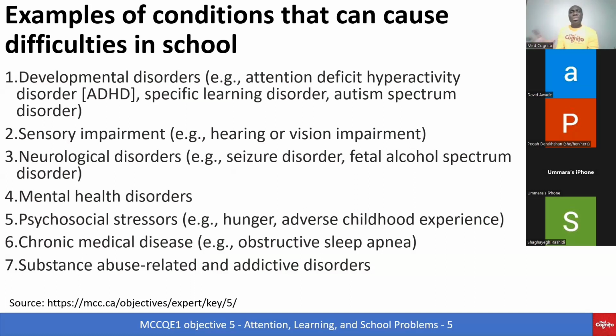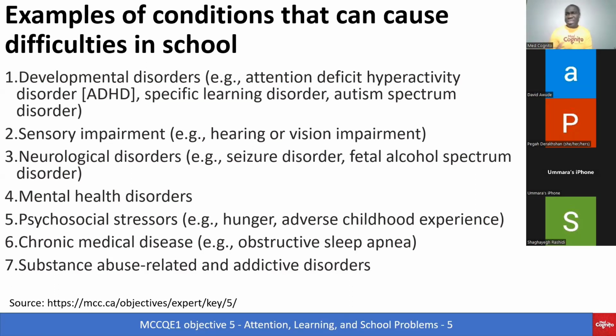Sensory impairment can also lead to attention, learning, and school problems, and those can be hearing and visual impairment. And then children with seizure disorders as well, and fetal alcohol syndrome. And children with mental disorders, like anxiety, depression, psychosocial stresses. Like hunger, a child who is always hungry, a child from a low socioeconomic status.